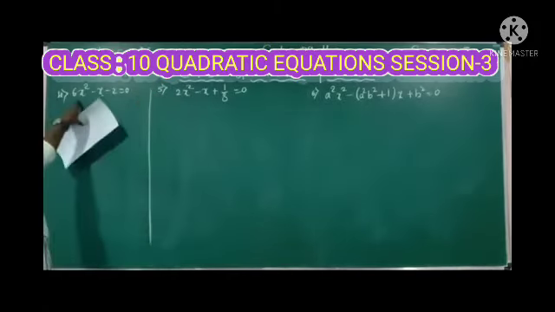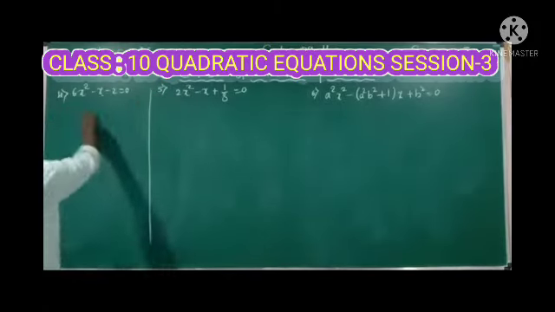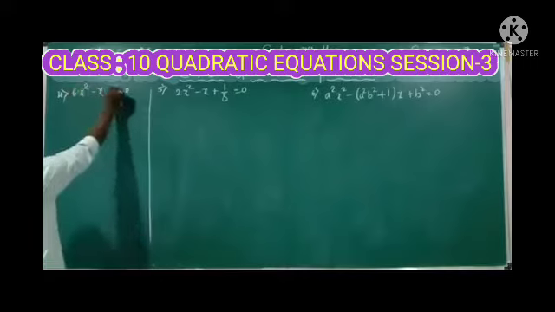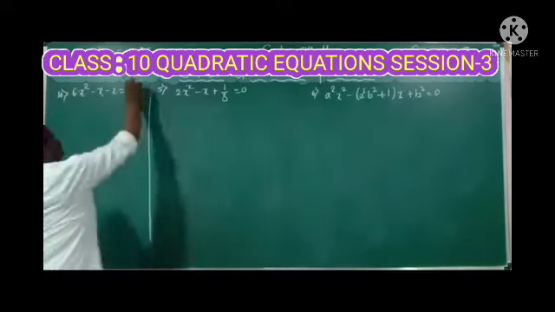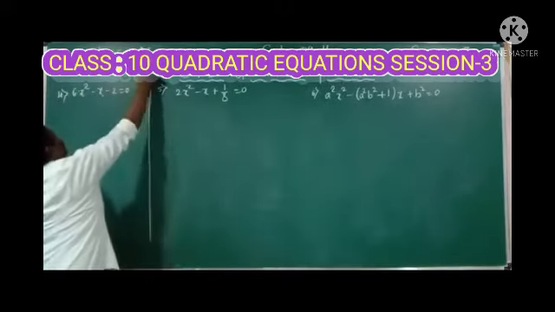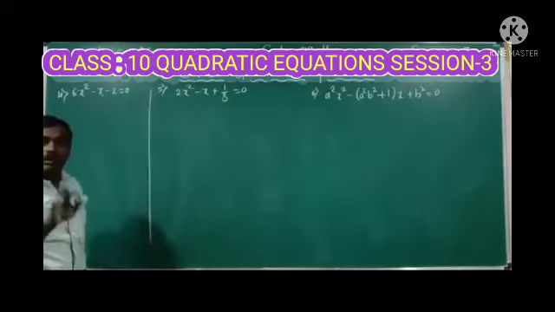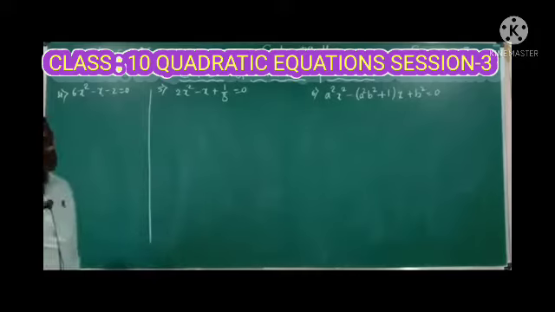Fourth one, what is the given question here? 6x square minus x minus 2 is equal to 0. Now the product of the first term and last term is minus 12x square. So here you need to split the middle term so that their product is equal to minus 12x square.